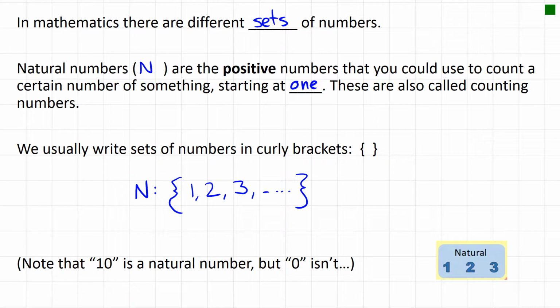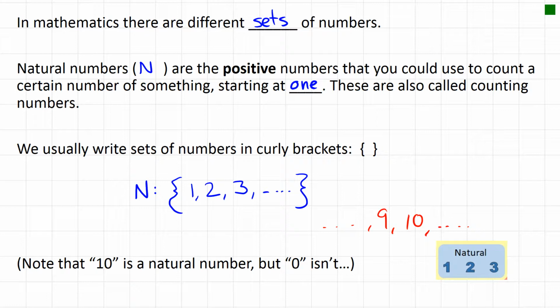One interesting thing to note is that 10 is a natural number, but 0 isn't. So 10, if we go on and on and on, eventually we'll go 9, 10, and so on. But 0 is not a natural number because, well, it's complicated. You can have 0 of something, right?